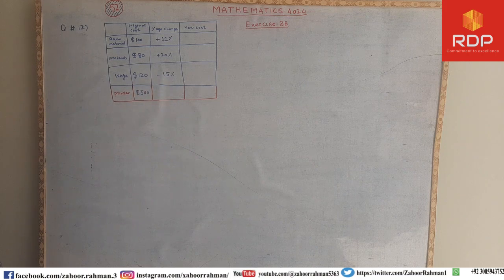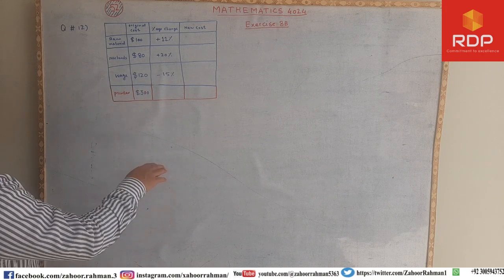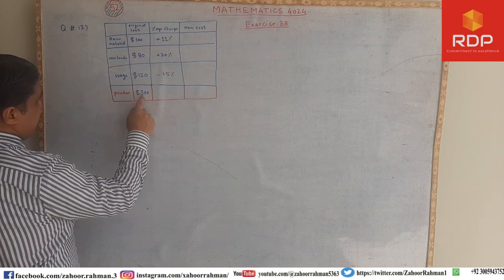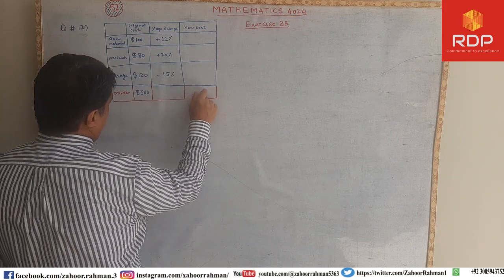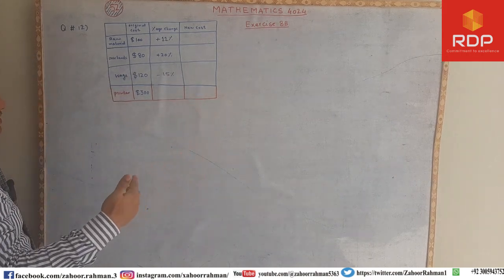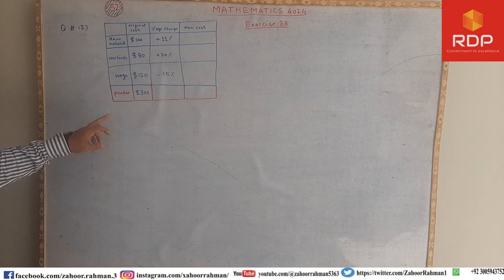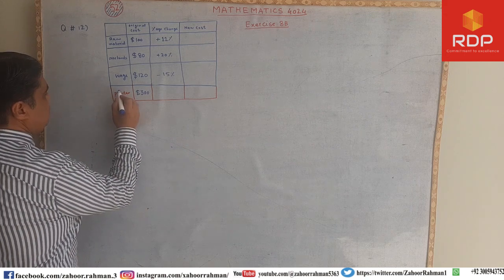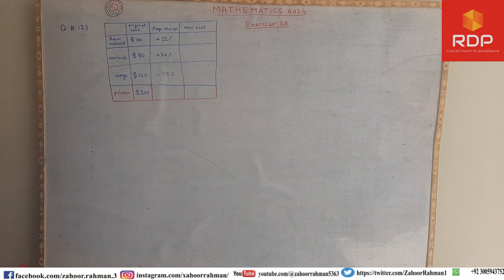The original cost when we add it is $300, and we have to find the new production cost of the printer. Then we will be able to find the percentage increase or decrease. That is what the question is saying.